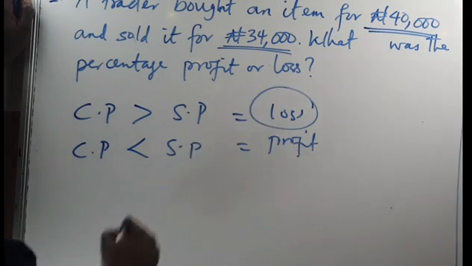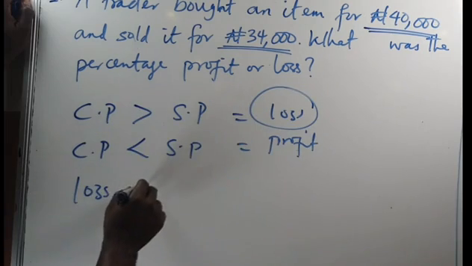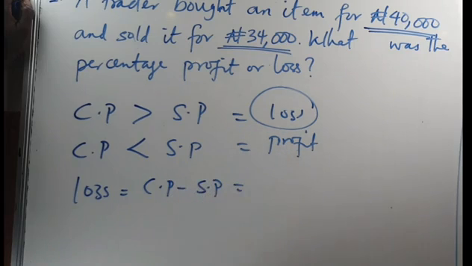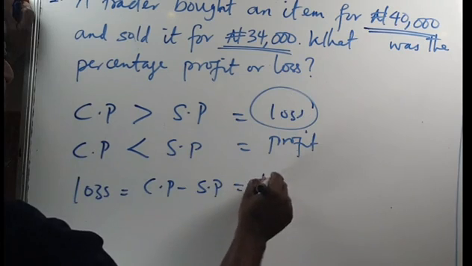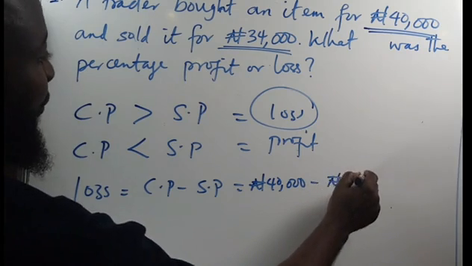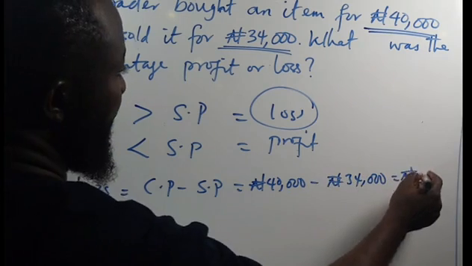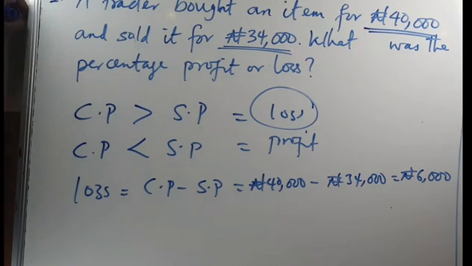Since we are dealing with a loss, loss is the cost price minus the selling price. In this case, the cost price, which is 40,000 naira, minus 34,000 naira gives you a loss of 6,000 naira. So the trader has made a loss of 6,000 naira.